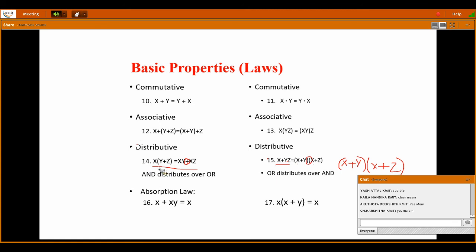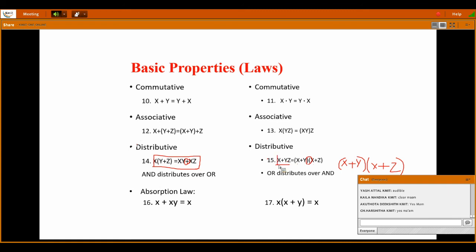Whereas when you take the normal expression, which we generally use in our mathematics also, x into (y plus z), when we are asked to multiply the terms, we will directly multiply: the terms will be xy plus xz.